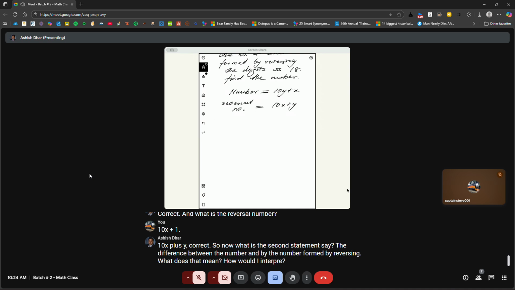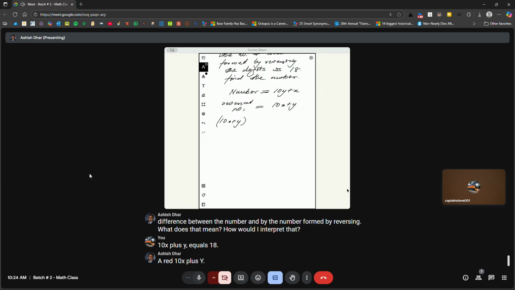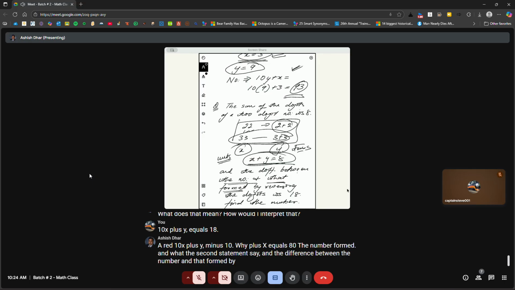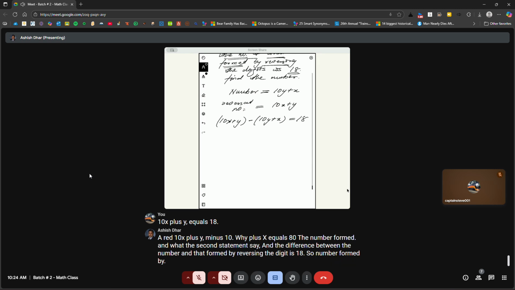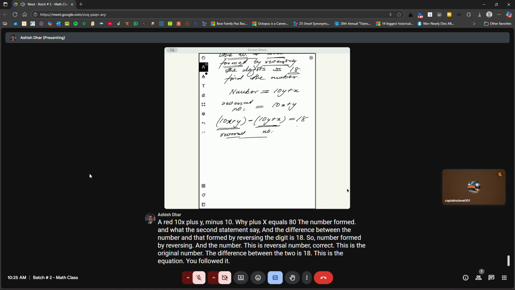How would I interpret that? 10x plus y minus 10y plus x equals 18. The difference between the number and that formed by reversing the digits is 18. This is the reversal number, correct? This is the original number. The difference between the two is 18. This is the equation. You followed it or no?